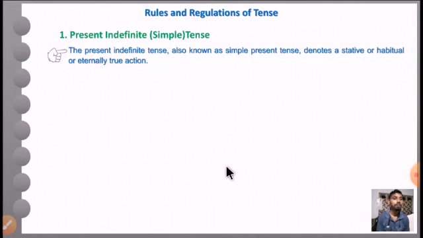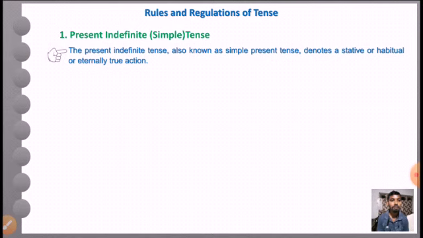The present indefinite tense, also known as simple present tense, denotes a stative, habitual or eternal action. In the class we have discussed the uses of simple present tense.